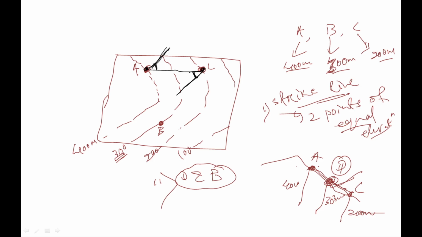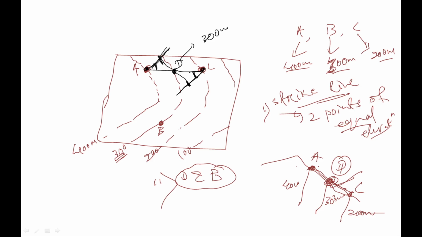Then you take one arc with your rounder, and the same arc you repeat here. Then you can join these points and get another point here, which is D.